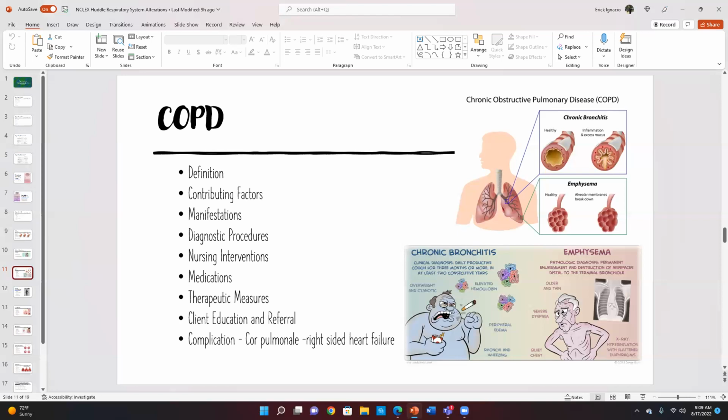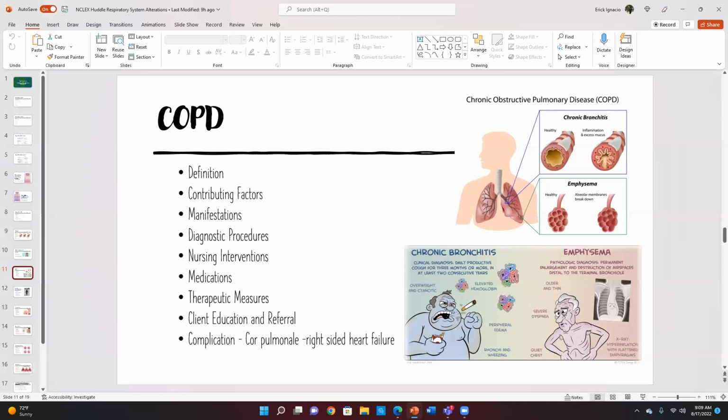Diagnostic procedures for your COPD patient will be chest x-ray, pulmonary function test because air remains trapped in the lungs, pulse oximetry, which is often less than 90%, ABGs can also be done, right? Especially when we have our patient facing chronic respiratory acidosis. CT will also or can also be done.